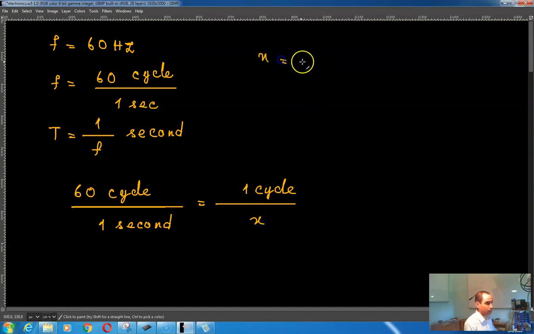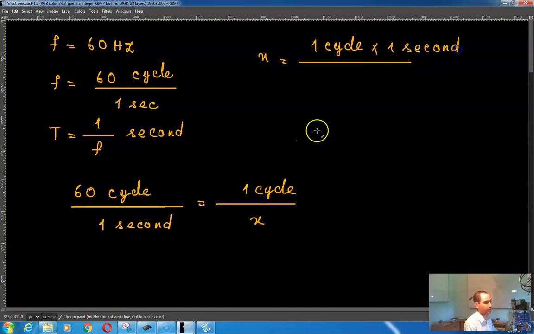So your x would be equal to 1 cycle times 1 second divided by 60 cycles, right? So cycle and cycle will cancel out. You have 1 divided by 60, 1 divided by 60 seconds.